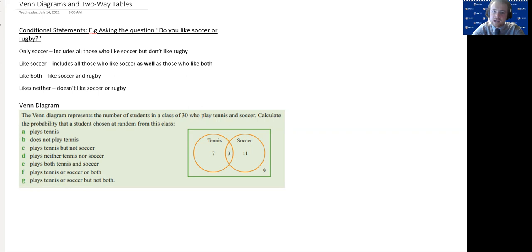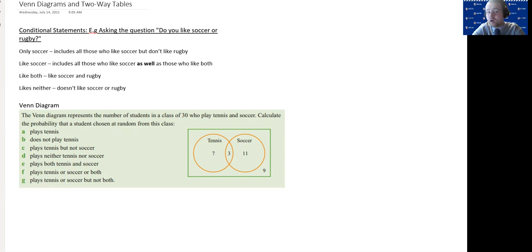So only means you're only looking at the people who only ticked that part, and don't include anyone who ticked multiple things. Now if I wanted to find out how many people liked soccer, that would actually be a different number, because it would include all of those who ticked the soccer thing, and it doesn't matter whether or not they tick the rugby thing.